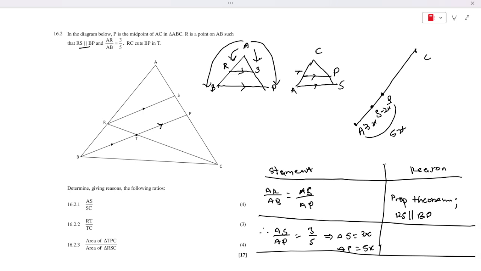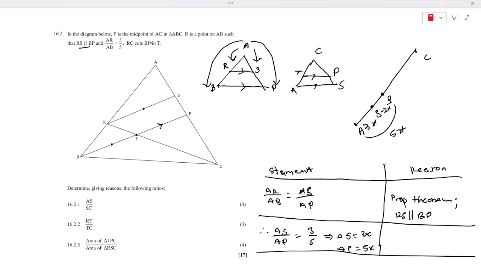We also have T. We're having it over here. Well, what do we know about this part? What we know is for us to get PC, we have CP here and PS, and we also have T, we have CT and TR.